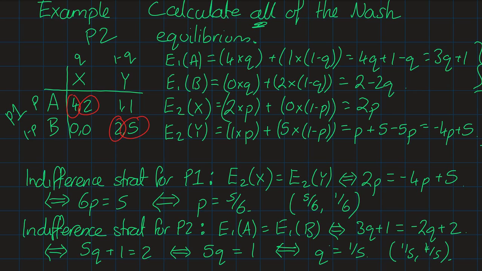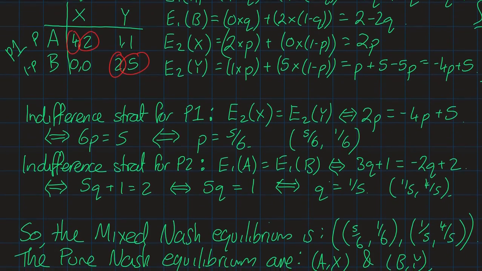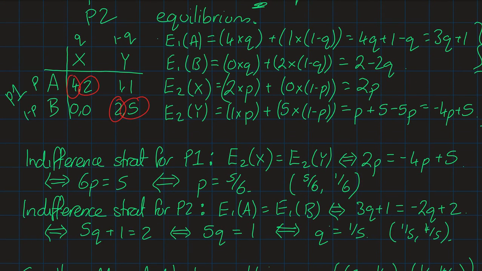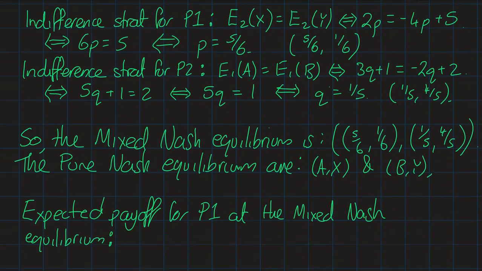Well, by definition of the mixed Nash equilibrium, it's a pair of indifference strategies. It's made so that it doesn't matter which one I use. They should both give me the same answer. So all I do is I choose one of these two, and then I plug in the value of q, which I calculated. So let's choose E1 of A. E1 of A is 3q plus 1.